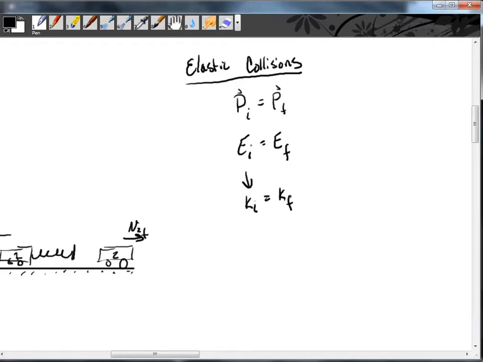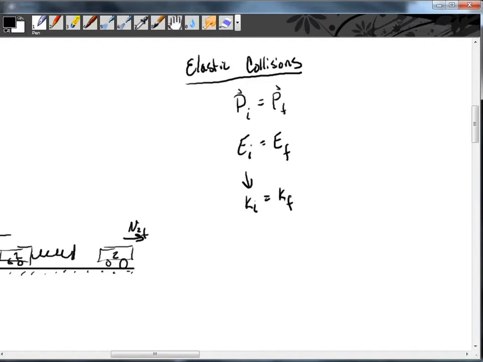So here's the trick. We just established an equation for the initial momentum of the system equals final momentum of the system, and we can come up with our kinetic energy one. That would be 1/2 mv squared on the left, 1/2 mv squared on the right for each term.